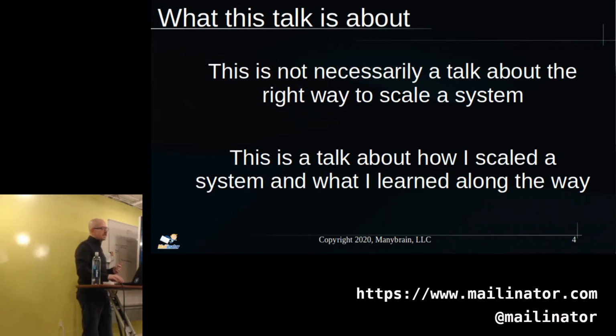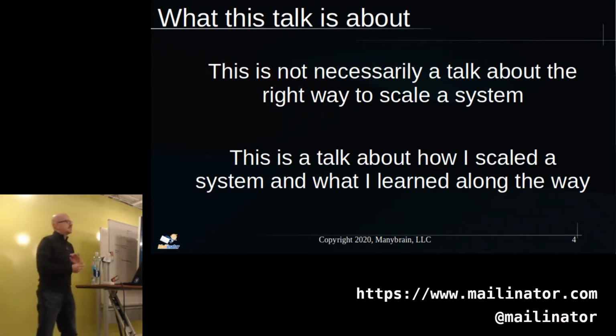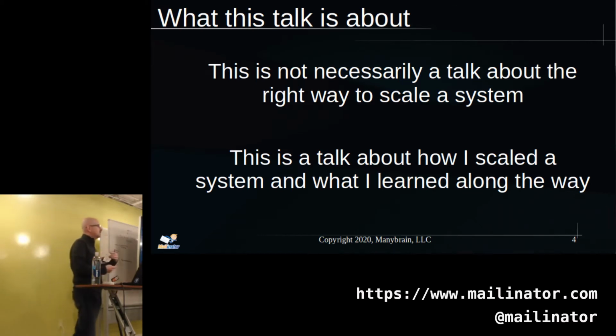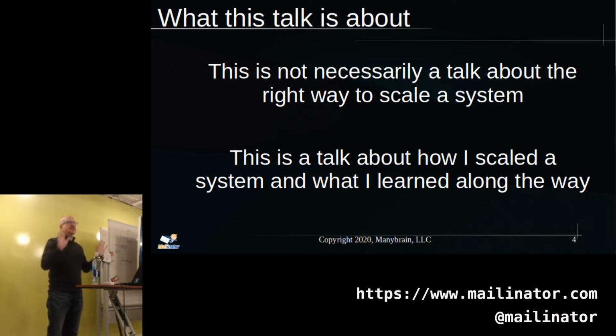So one thing I want to say is what this talk is about. This is not necessarily a talk about the right way to scale a system. This is a talk about how I scale the system. Over 15 years, trying architectures, trying ideas, seeing what works, crashing things all over. By the way, we were just talking about doing some QA, some testing. Not a single unit test in 15 years, okay?